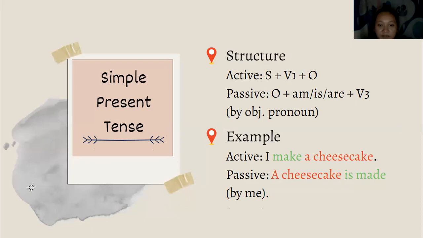The example: the active one is I make a cheesecake, and the passive one is a cheesecake is made by me. If we do not want to use by me, we can just omit it.